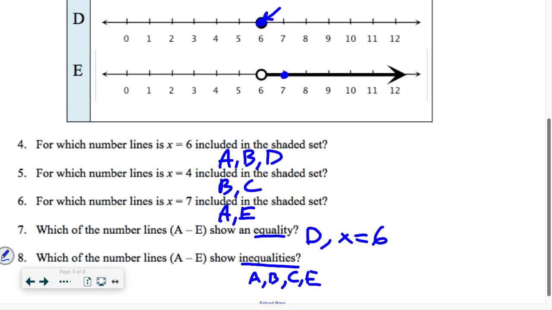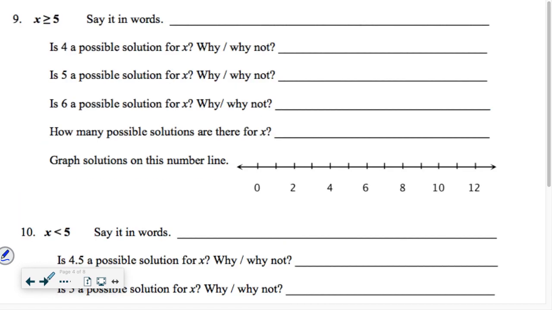So now let's analyze where the inequality itself comes from. So here's our first example. We have x is greater than or equal to 5. So quickly, let's talk about these symbols. We have greater than or equal to because it has a line underneath.